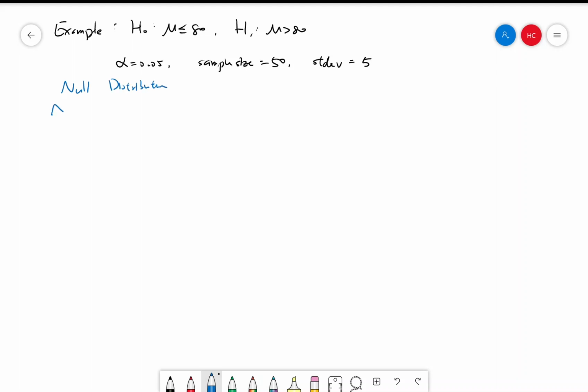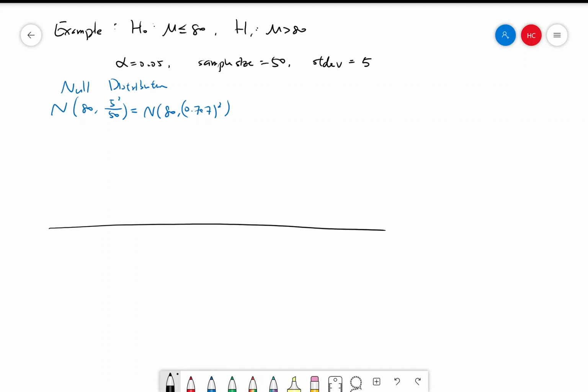The null distribution has mean 80, and variance is the original variance divided by the sample size. So the standard deviation is 0.707. Okay, so we can draw the null distribution. Mean is 80.